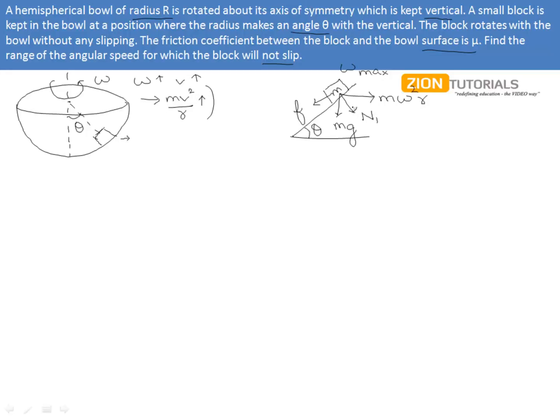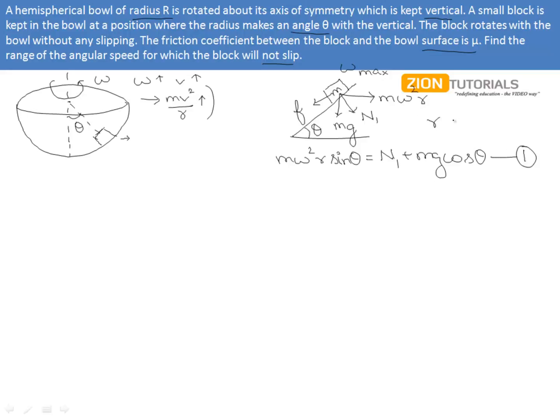Notice we had this N1 in the upward direction, but since we are discussing the problem with respect to the bowl, this direction has come out like this. Framing the equation, we can say that m omega square r sine theta equals N1 plus mg cos theta, marking it as equation number 1.